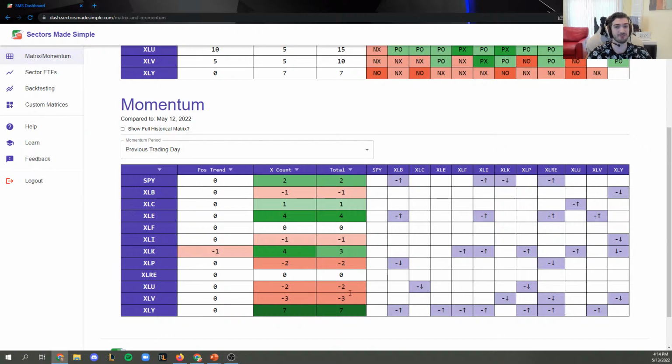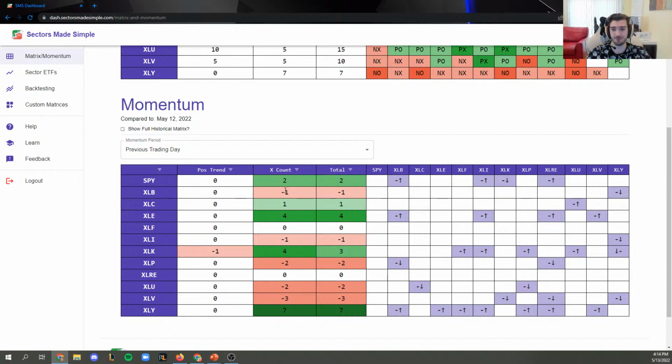And if you notice, the majority of change is in the short term. That makes sense. Again, what good would long-term strength be if it changed just like that? It needs to have a little bit more oomph behind it in order to move. This shows that very, very clearly.